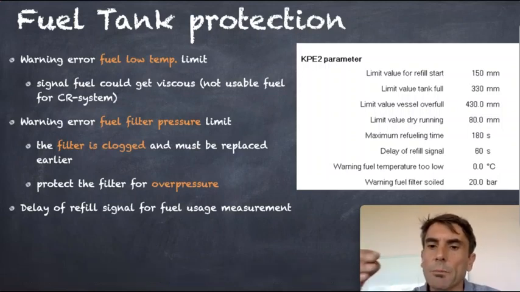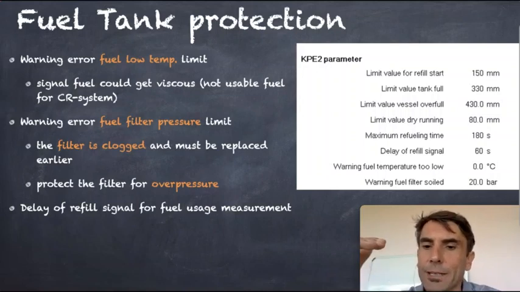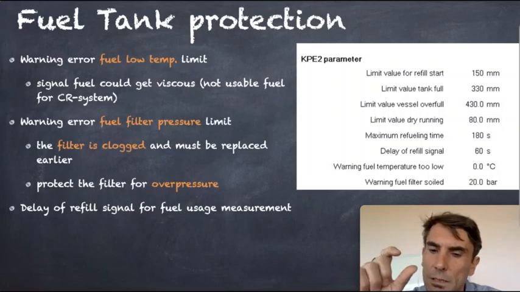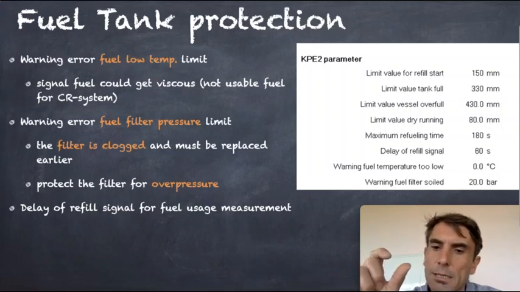So we cannot measure, because if we're filling up, we could actually have a negative use, because we are refilling more than we suck out. So the function of Schnell is that we stop the measurement during refilling.